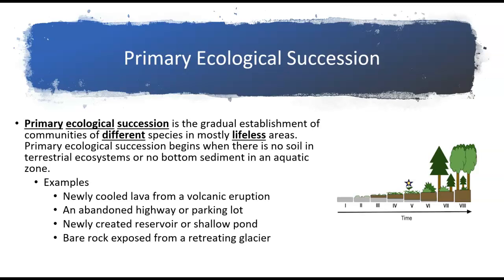But as that occurs and develops over time, you're going to see that the soil layer starts to build up over time, and it can sustain more and more plants. And eventually, over a long period of time, we're able to get to what's called climax community. So primary succession takes a long time because we're starting with bare rock. You're starting with nothing and growing eventually an entire ecosystem.